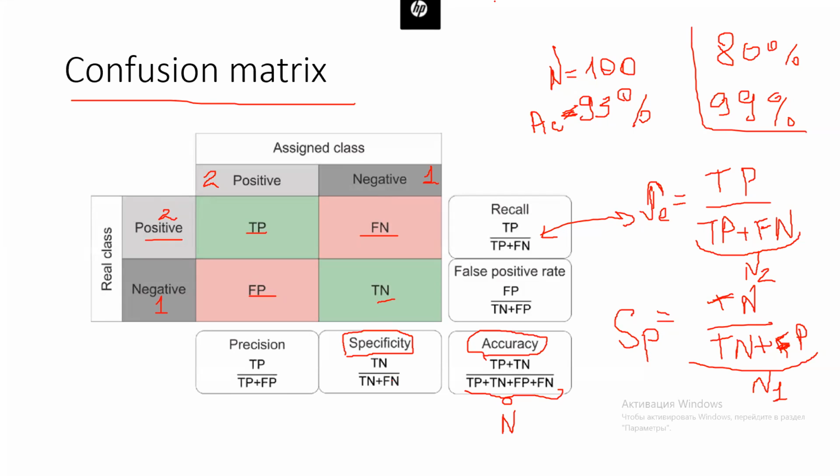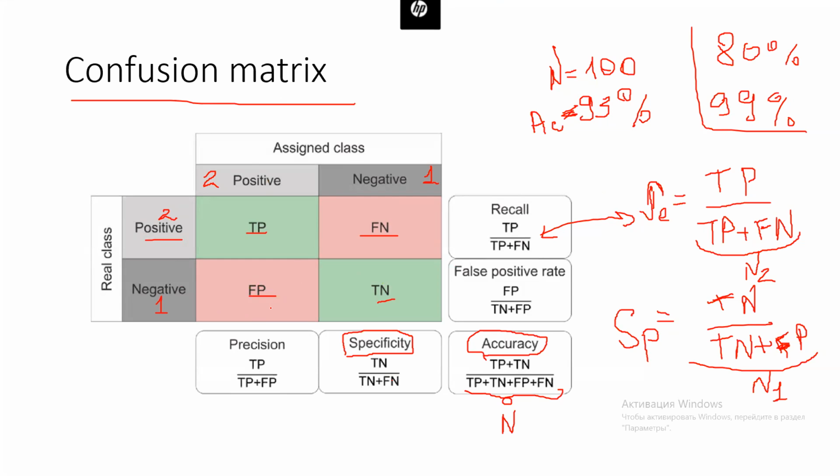In other words, we have a 1% chance of false positive, which is detecting that the patient has COVID while actually he doesn't have COVID. Yes, this is false positive.